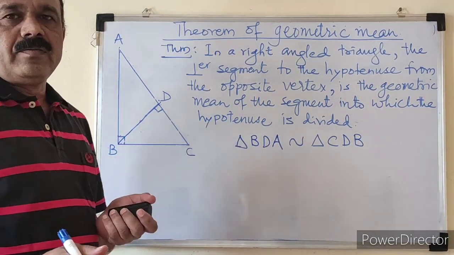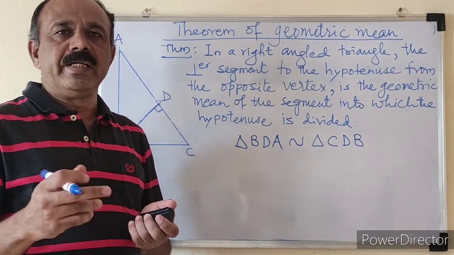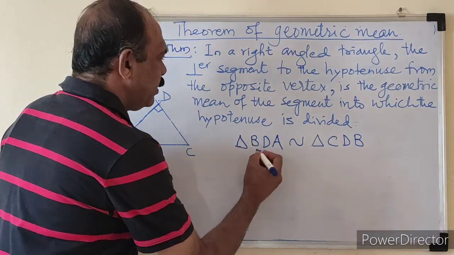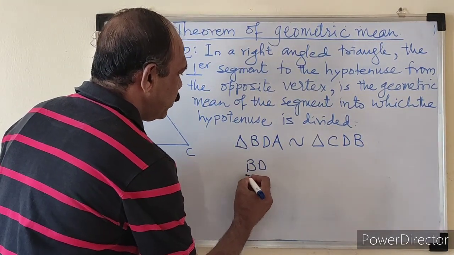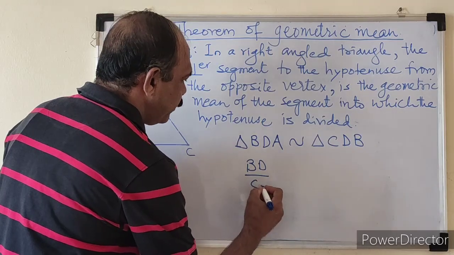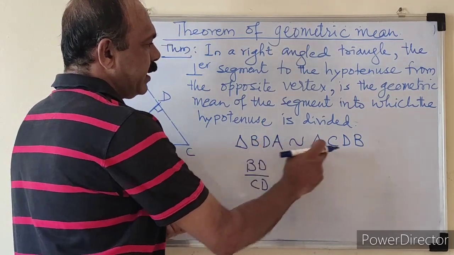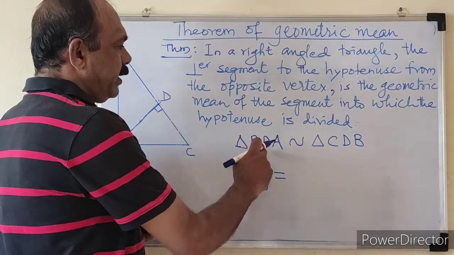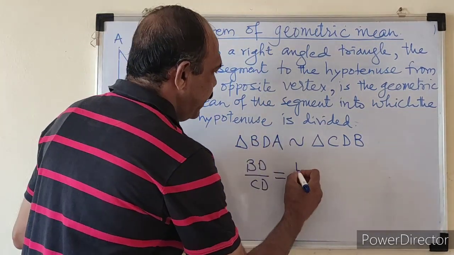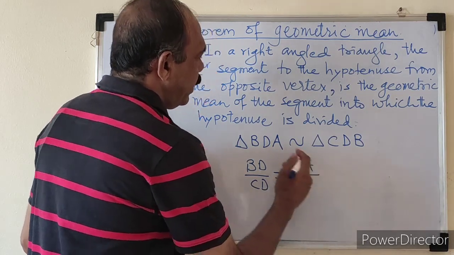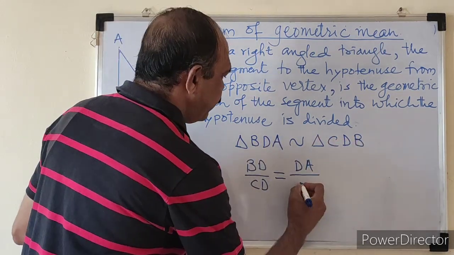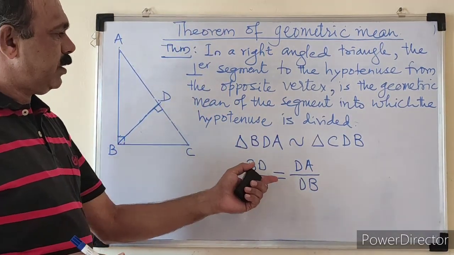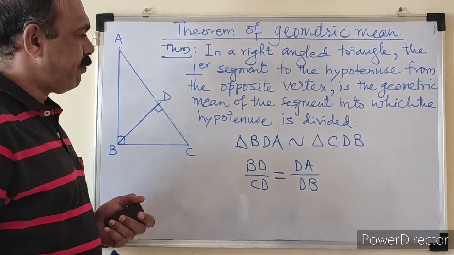In similar triangles, the corresponding sides are in proportion. So we will take the ratio of these sides, that is BD is to CD, that is the corresponding side is CD. This ratio is equal to the ratio of the side DA and its corresponding side DB. Here we take the ratio of the corresponding sides.